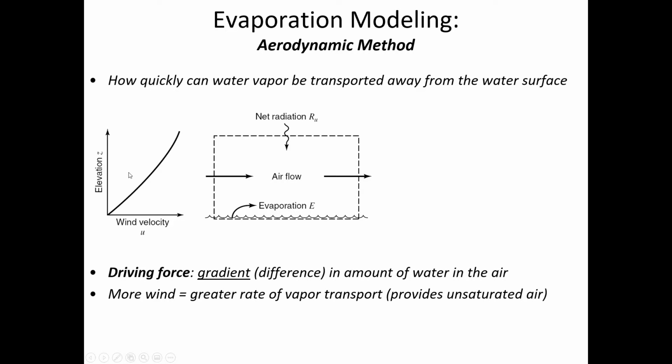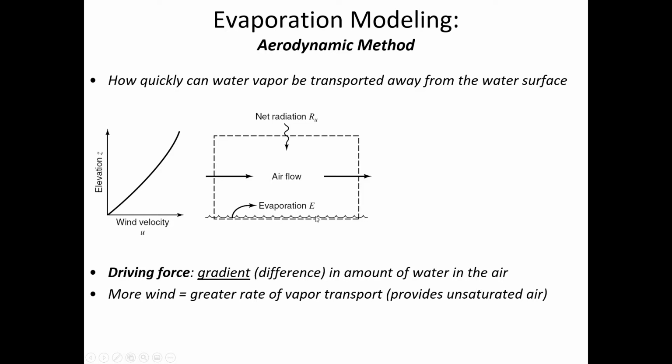And so the variables that go into this aerodynamic method are the driving force, the difference between how much moisture is in the air and how much could be in the air at a maximum. And the factors are that as you have more wind, it's bringing dry air down in contact with the surface of the water.